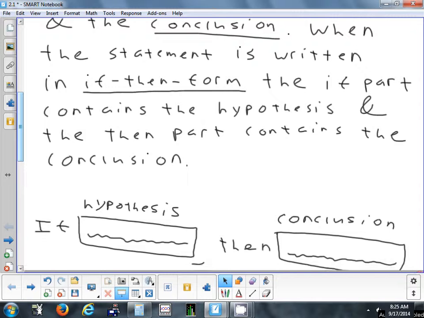So that's the general setup of an if-then statement. If, whatever follows right here is your hypothesis, then, and whatever comes after that is your conclusion. Any question about the general setup of an if-then statement?